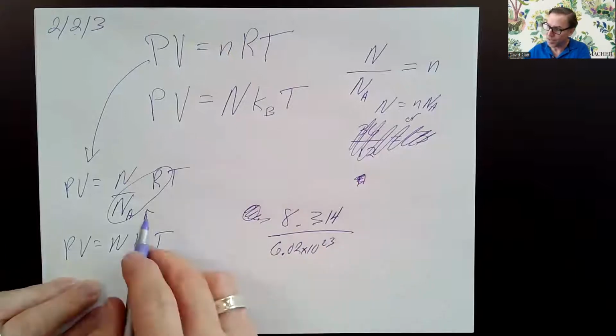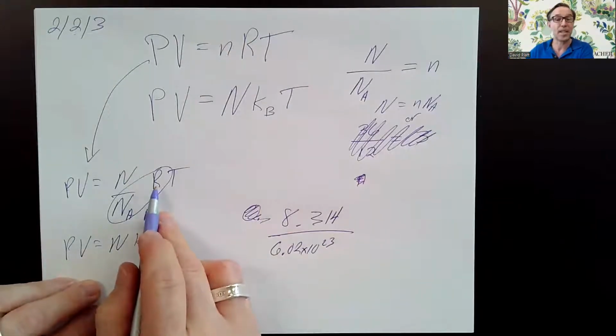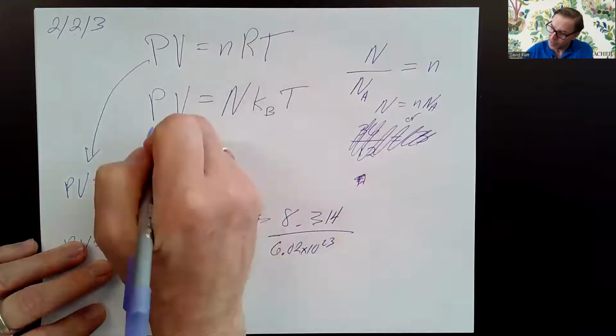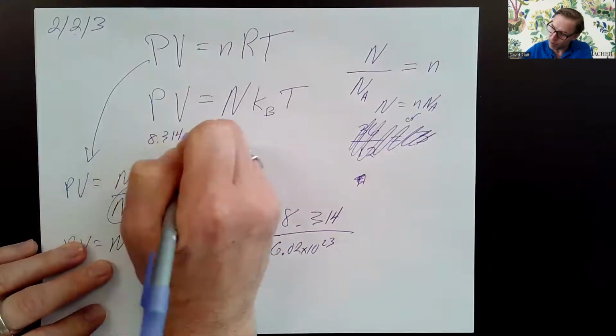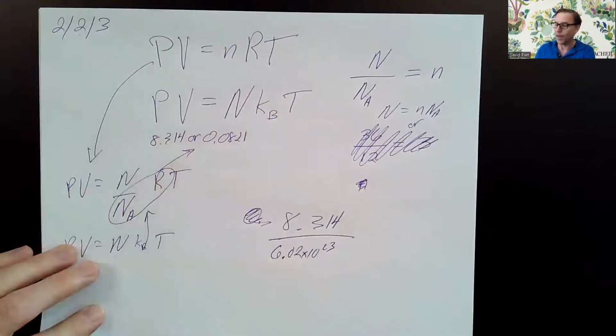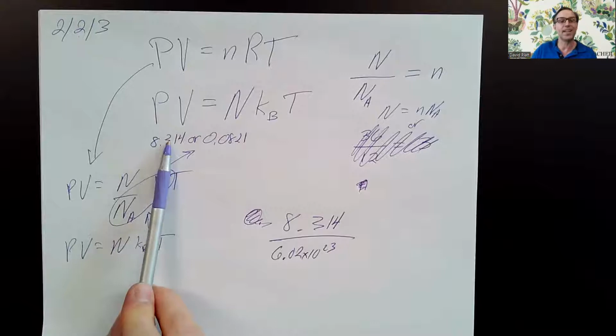Sometimes we also say R is 0.0821. And so I just wanted to point that out as well. Is it 8.314 or 0.0821? 8.314 is when we're in MKS units, meters, kilograms, and seconds.